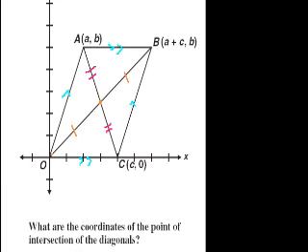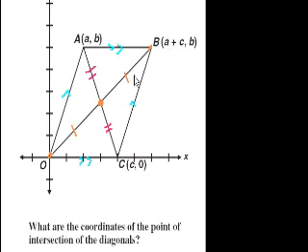So let's just do it. If we want to find if this is really the midpoint between O and B, then we just have to find the midpoint of their coordinates. And the way to find the midpoint of two coordinates is actually very intuitive. You just average the coordinates, right?